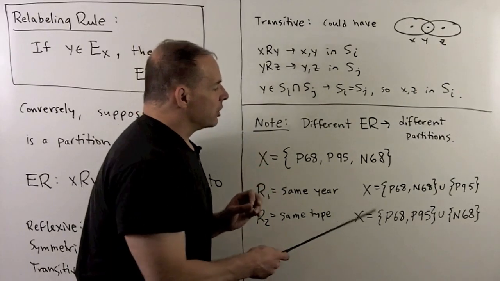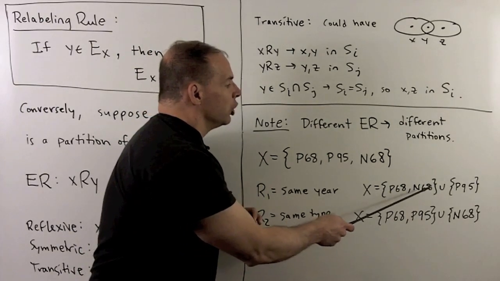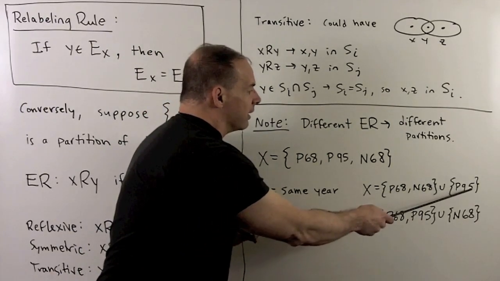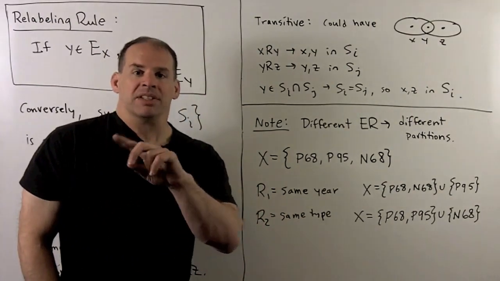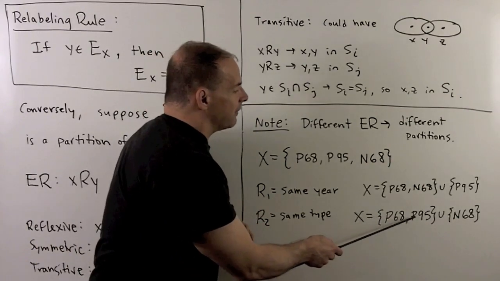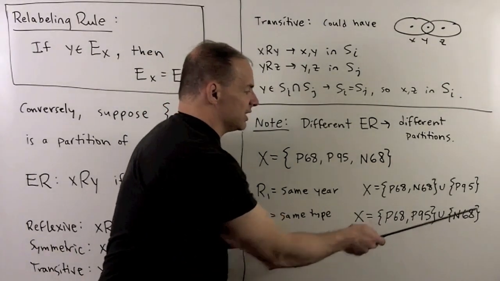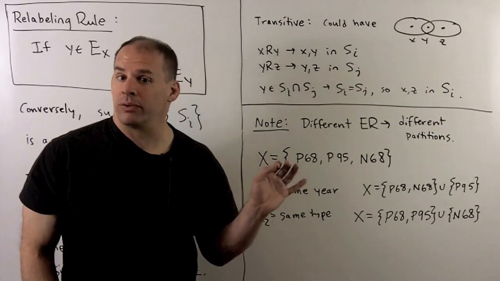So in that case, I'll get the partition penny 68, nickel 68, union with penny 95. But let R2 be the same type. Then we'll have penny 68, penny 95, union with nickel 68. So we get 2 different partitions coming from 2 different relations.